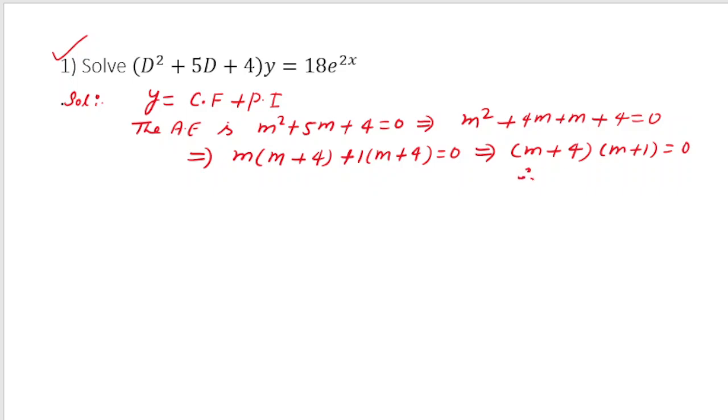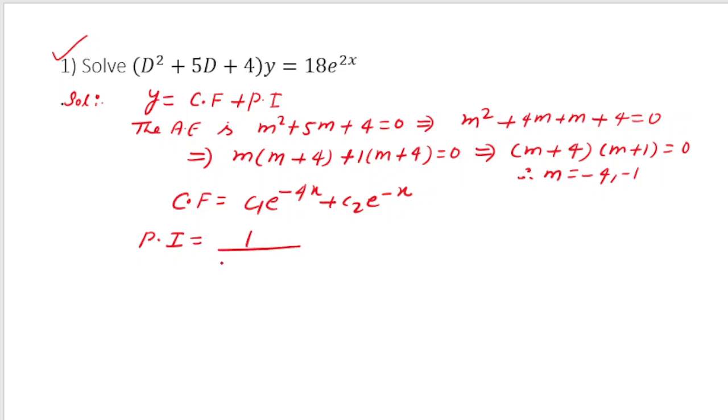Therefore m is equal to minus 4 and minus 1. So the complementary function part will be c1 e to the power minus 4x plus c2 e to the power minus x.